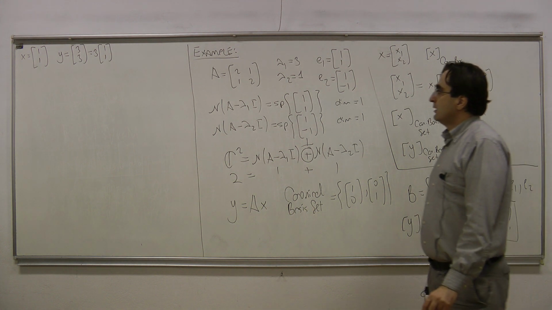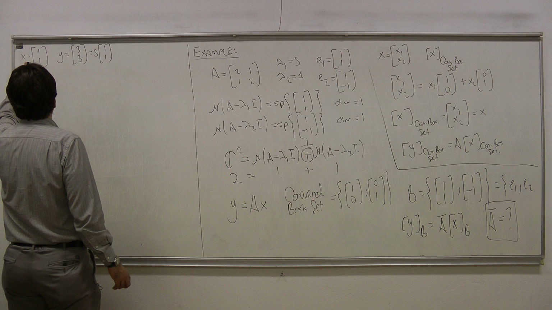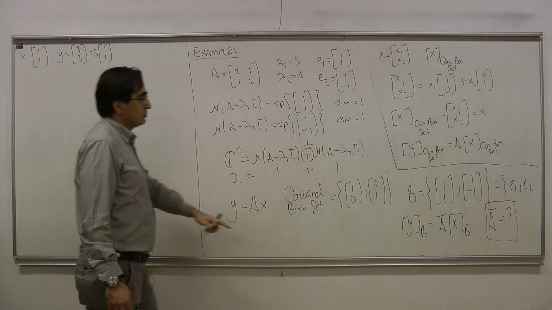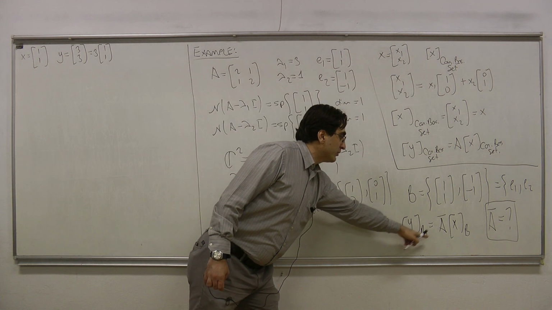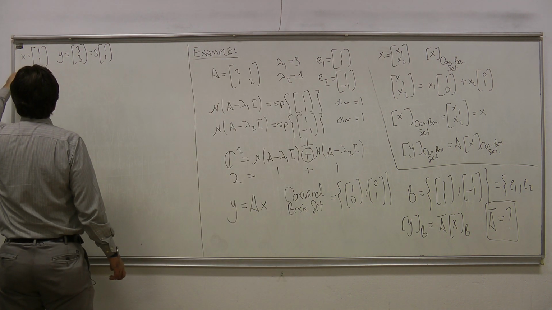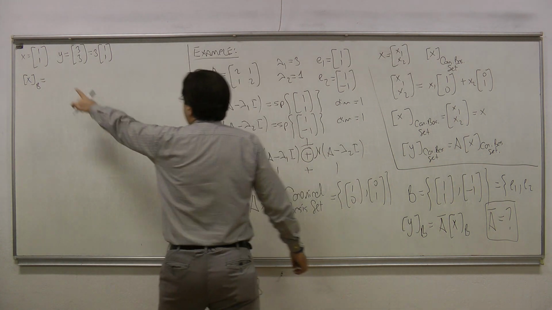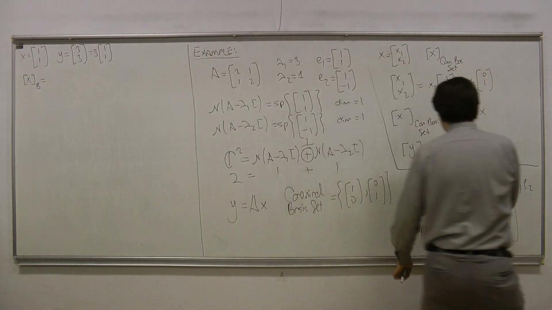Okay? And now let us write the representations of X and Y with respect to B. We are going to use this equation to find the columns of A bar. So X represented with respect to B. So this vector is the first basis vector.